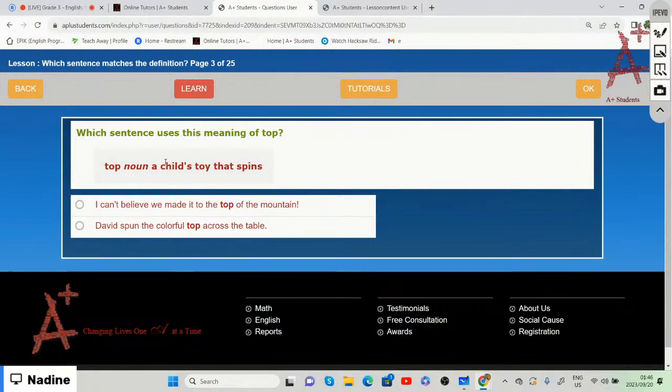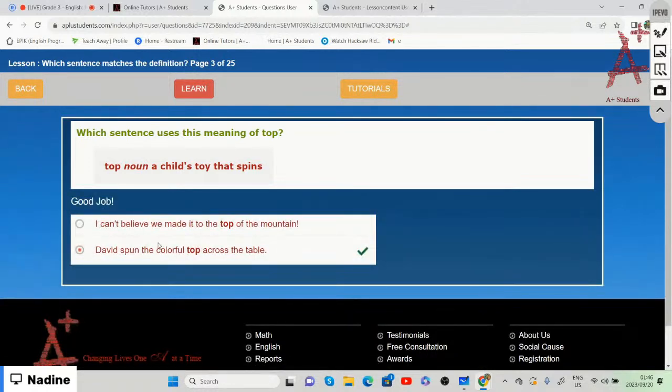All right, so if we choose the correct one, then we would say it is option two. David spun the colorful top across the table, because it says a child's toy that spins. So a top is a child's toy that spins. All right.